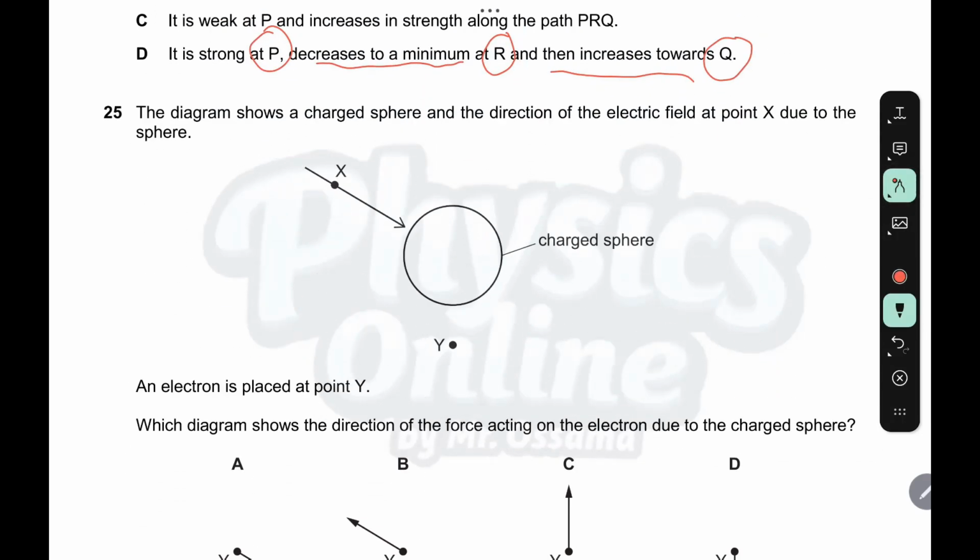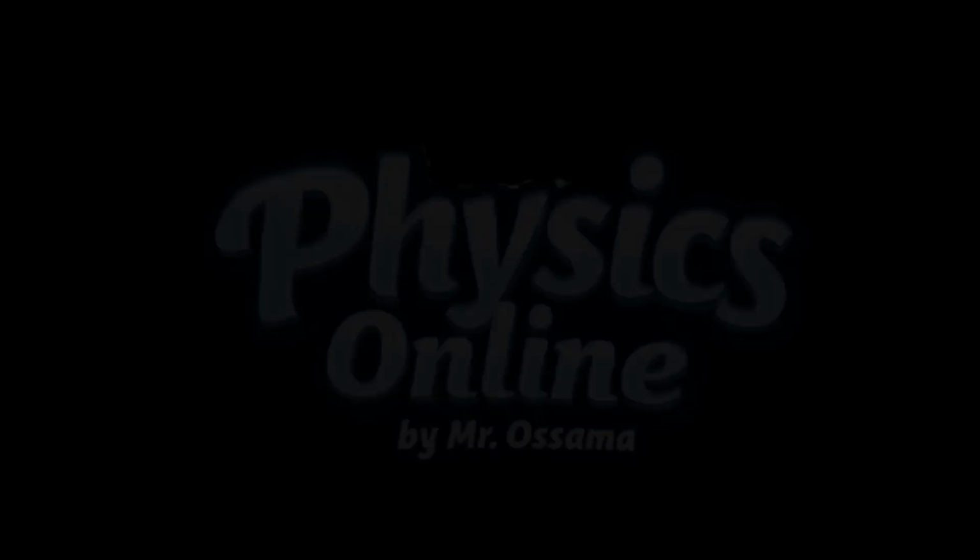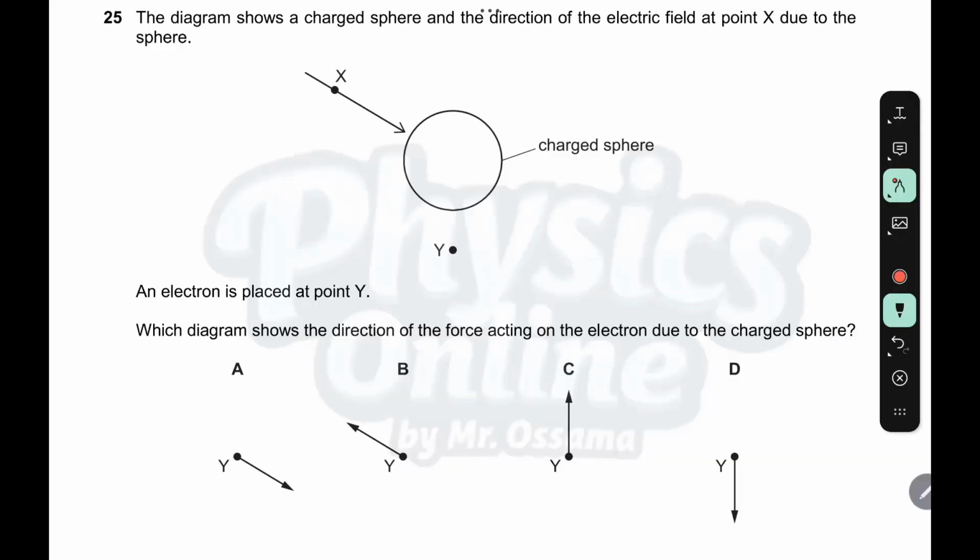Question 25. The diagram shows a charged sphere and the direction of the electric field at point X due to the sphere. An electron is placed at point Y. Which diagram shows the direction of the force acting on the electron due to the charged sphere?